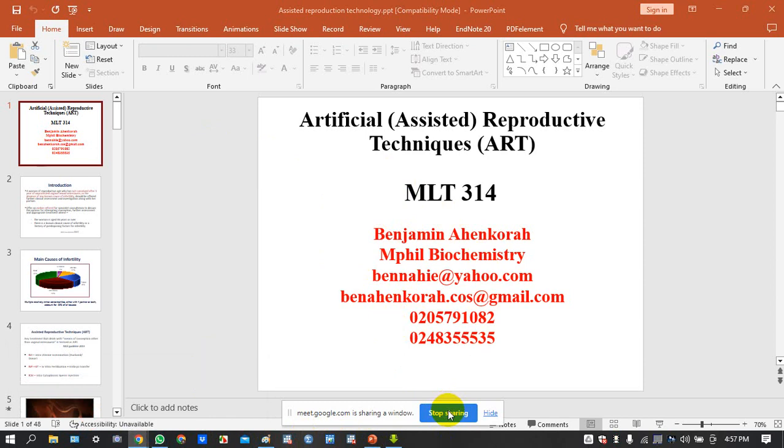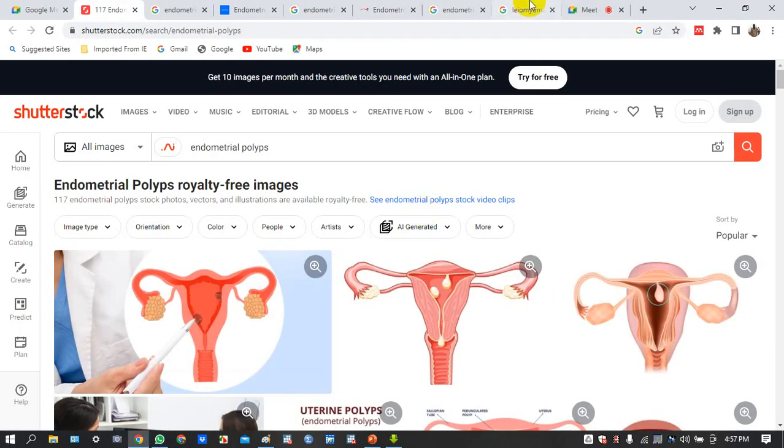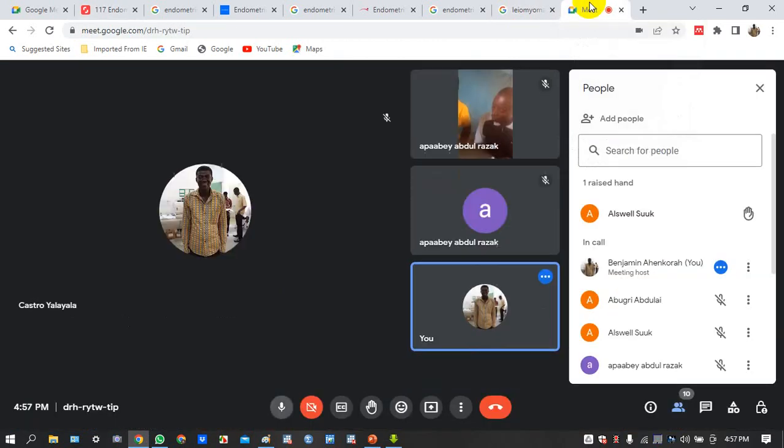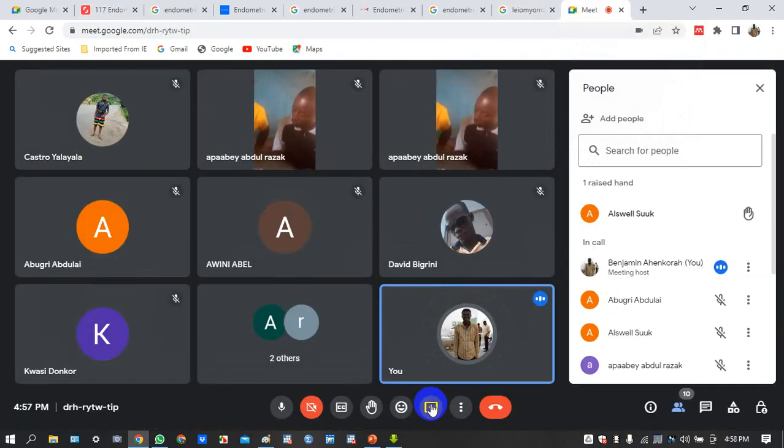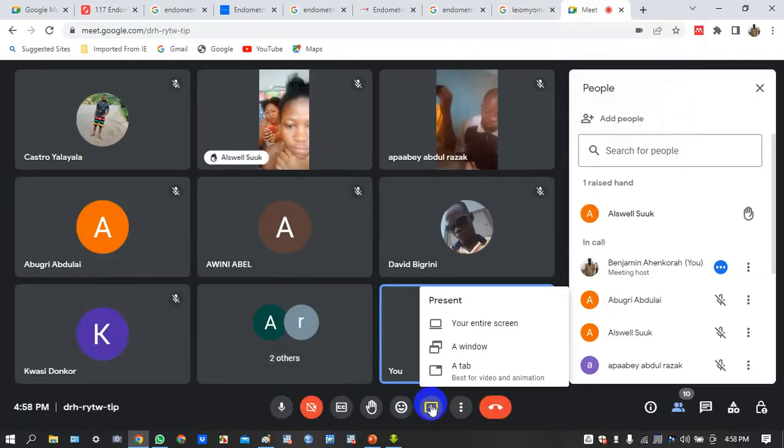What's written there? It's written in the material file of reality free images. Okay, let me bring out today's presentation slide. When we get there, then we proceed.